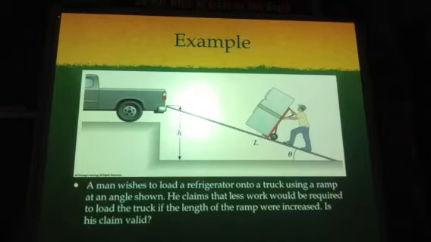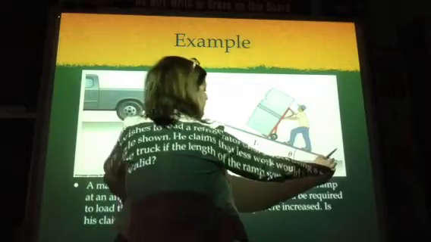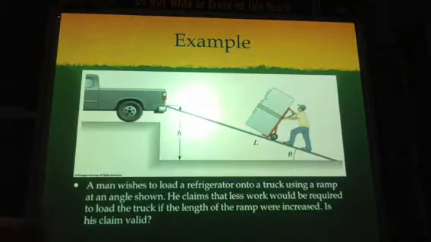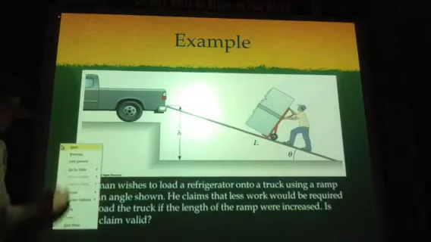Usually when they're asking us to find if the claim is valid, they want us to show it using some type of symbols. So he claims that less work would be required to load the truck if the length of the ramp were increased. So if I'm increasing the length of that ramp, I'm going to do less work. So let's show this.